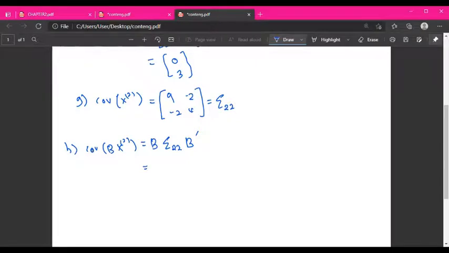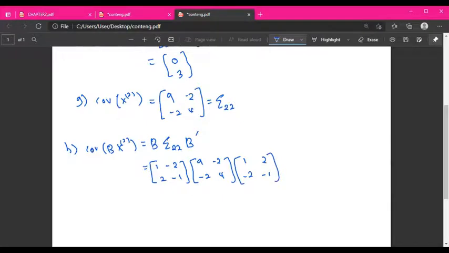So it will be 1, negative 2, 2, negative 1, 9, negative 2, negative 2, 4, and the transpose of the B matrix. So it will be 1 here, negative 2 here, 2 here, sorry, kat sini negative 1, 2, negative 1.